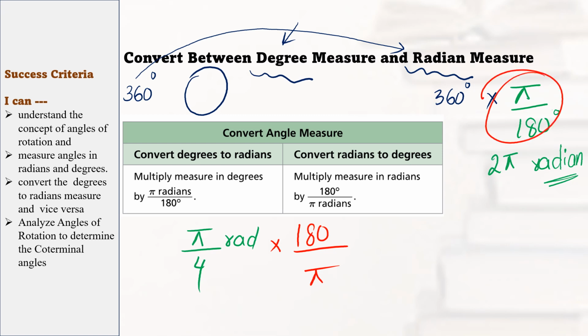Same thing but the reciprocal. So pi and pi cancel, and 180 divided by 4 gives 45 degrees. So this is the simple way to convert degrees into radians and radians into degrees.